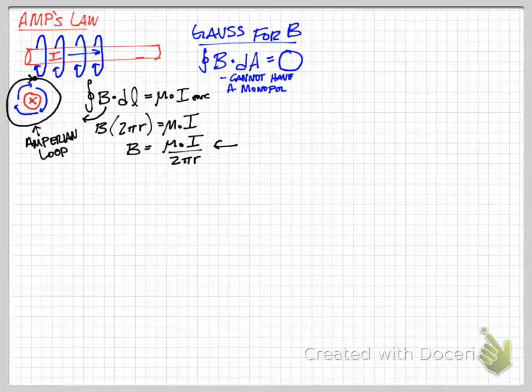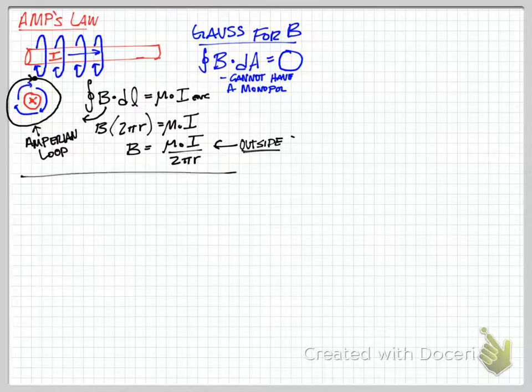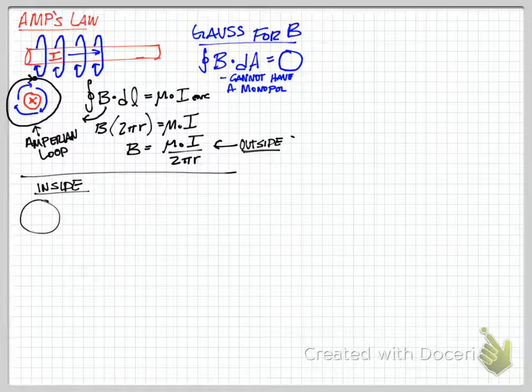Now, this will always be true outside of our wire. What's going to be fun is going inside of our wire. And so, to save time, we're just going to look at the cross-section of the wire with bits of current going into the page inside of the wire.